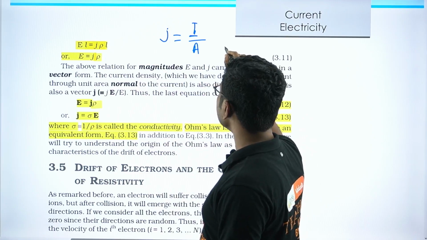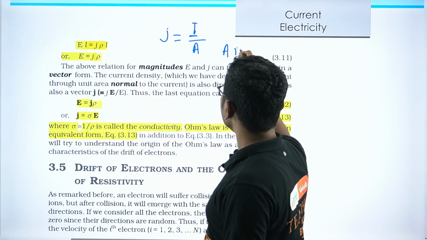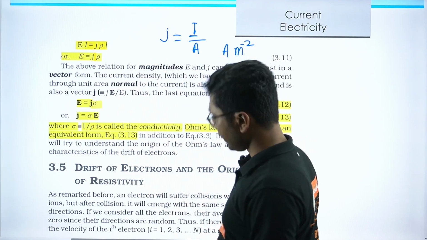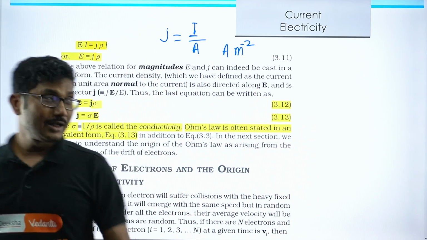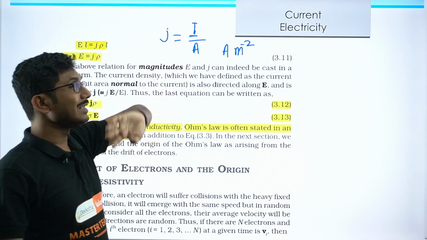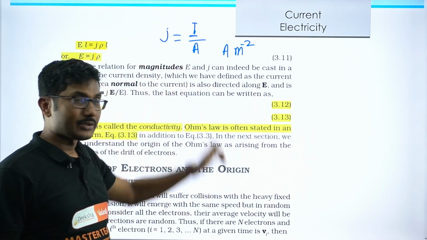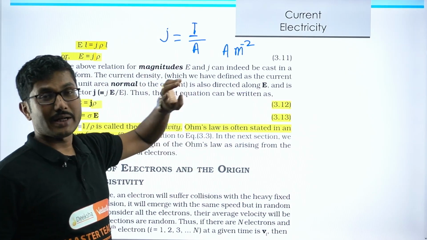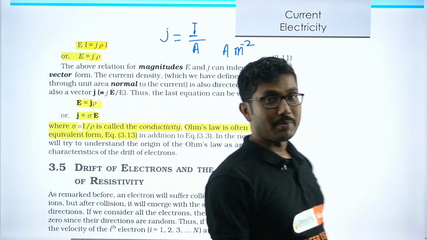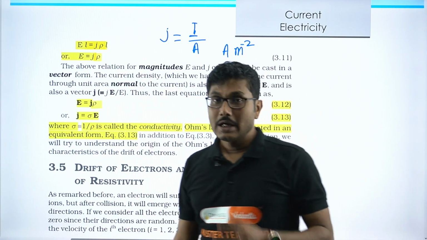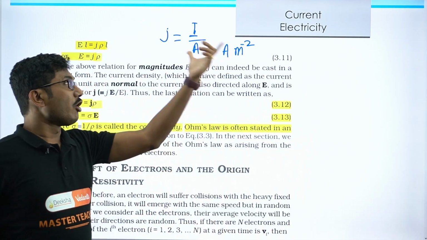It is ampere per meter square, or ampere meter to the power minus 2, because current is in ampere and divided by area means divided by meter square, which turns out to be meter to the power minus 2. So this is the unit of current density.